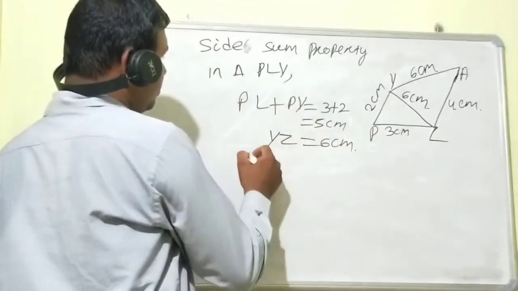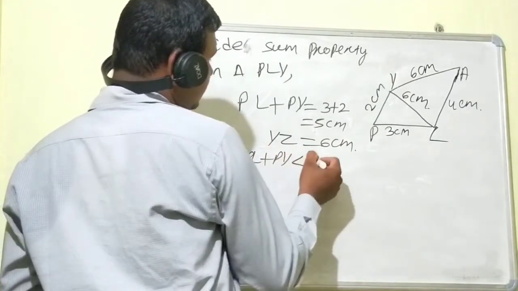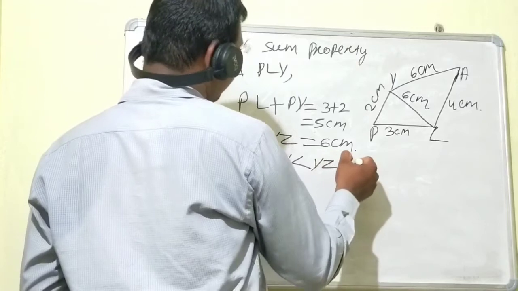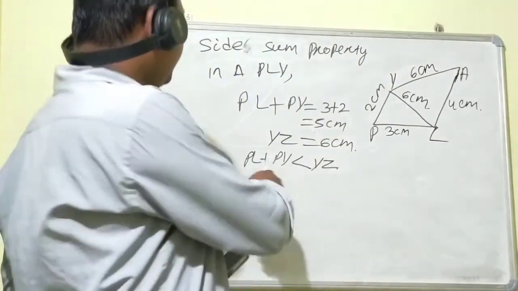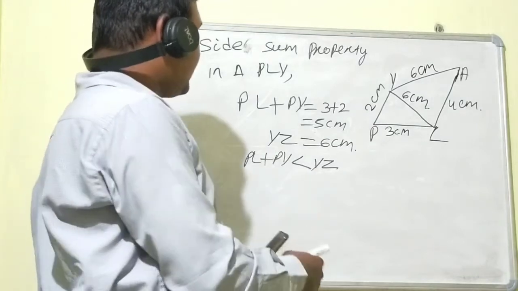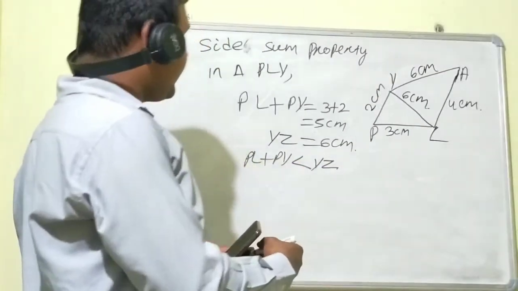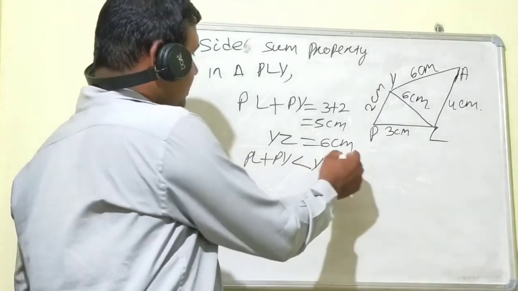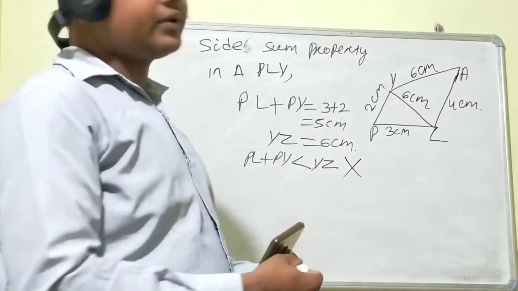So the sum of these two, PL plus PY, is less than YL. But according to the side sum property, PL plus PY should be greater than YL, which deviates. This is not following the side sum property.